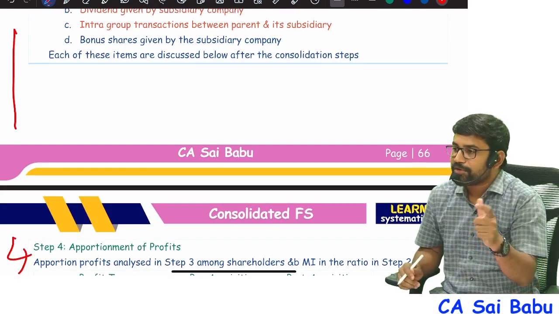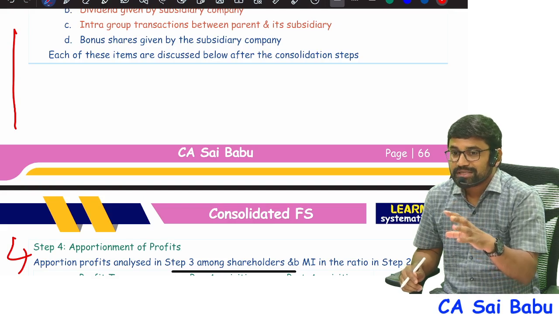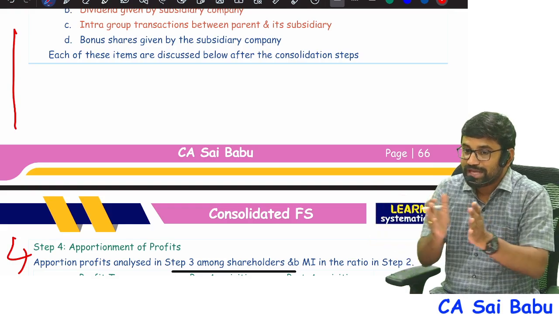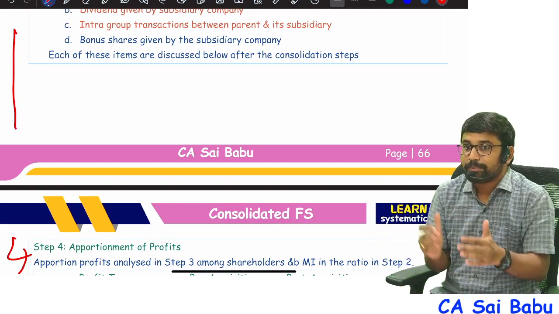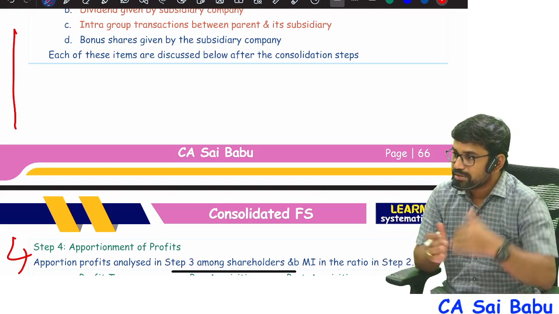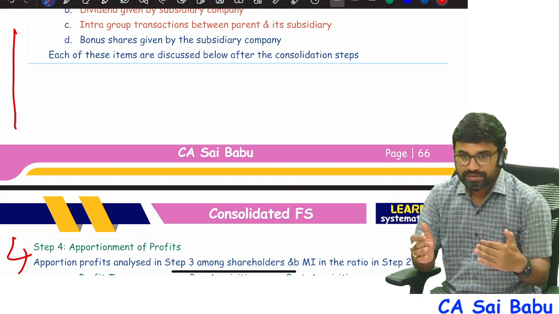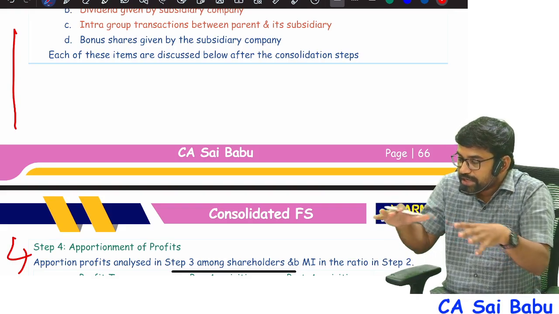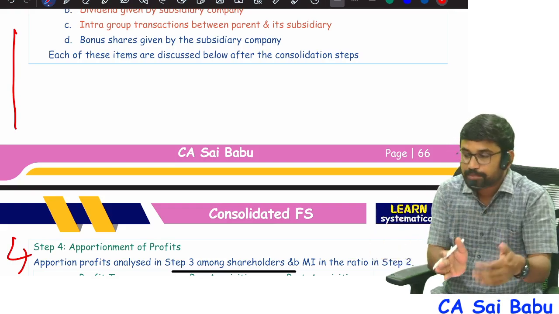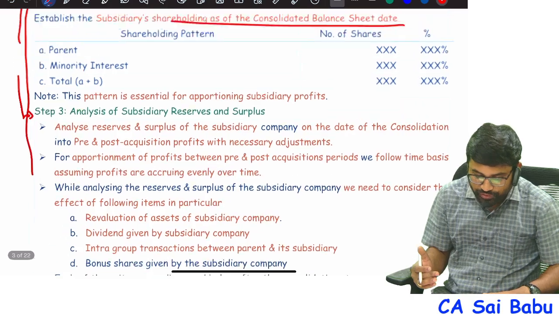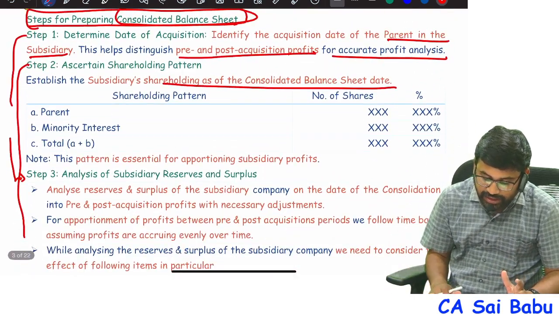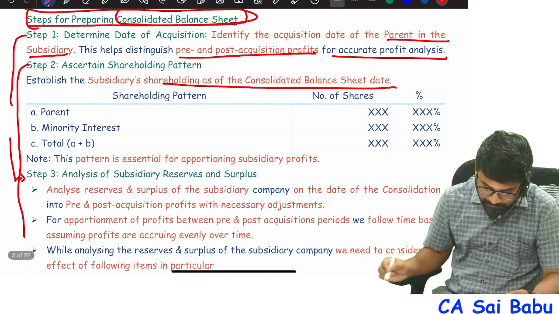In step number 4, the subsidiary company profits which you analyzed into pre and post will be apportioned between the subsidiary company shareholders. Who are the subsidiary company shareholders? Parent company and minority interest. So the subsidiary company reserves and surplus will be apportioned between the parent company and minority interest in the ratio of their percentage of holding. That's why in step number 2, we determine the shareholding pattern.